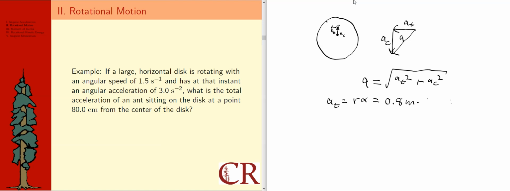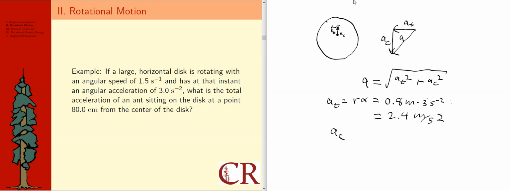And then the angular acceleration is 3 radians per second squared, or just per second squared, since we want meters per second squared. A calculator gives 2.4 meters per second squared.